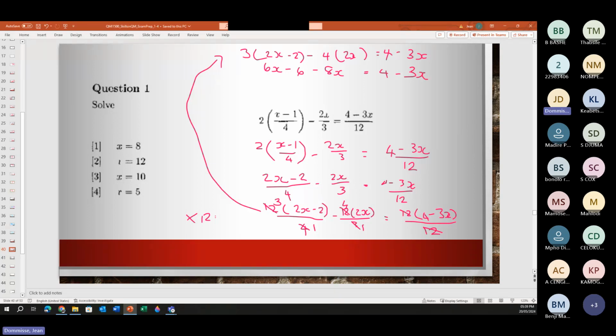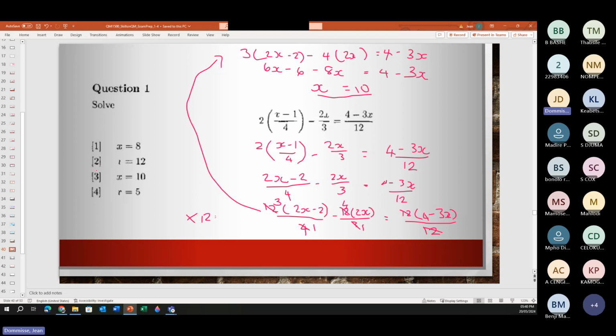Get all the x's to the left. So 6x minus 8x is minus 2x. That comes over, so we sit with x on the left-hand side. Minus 6 goes to the right, and will become positive 6. So 6 plus 4 is 10.